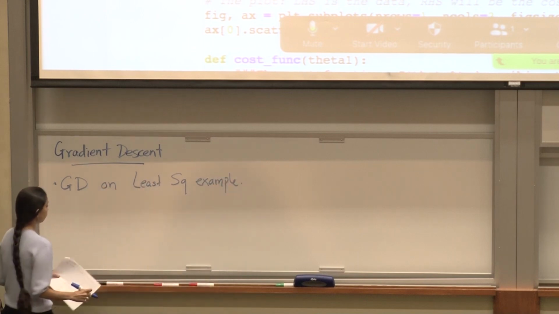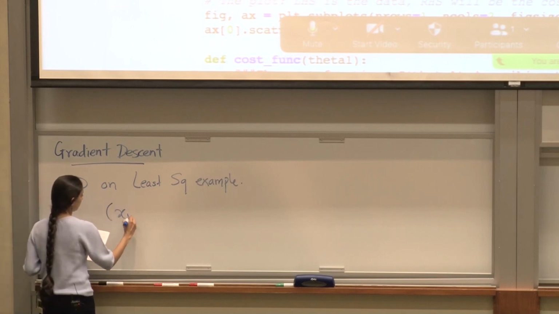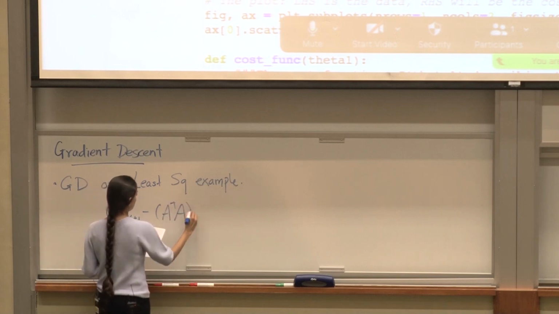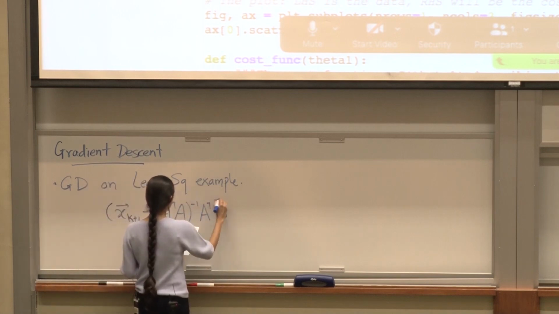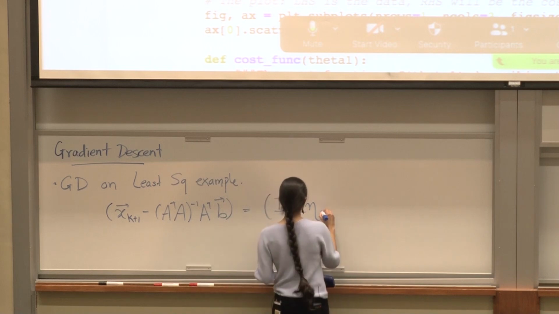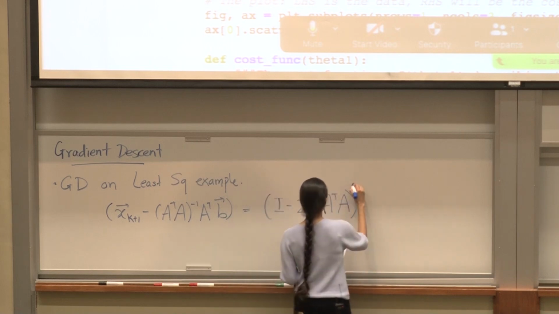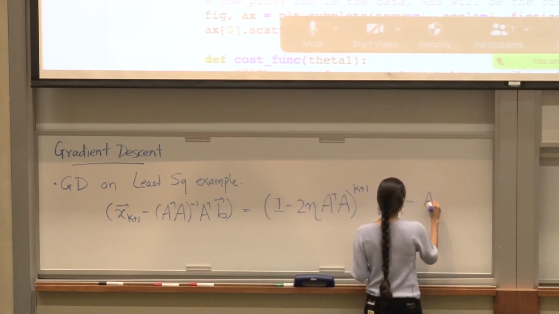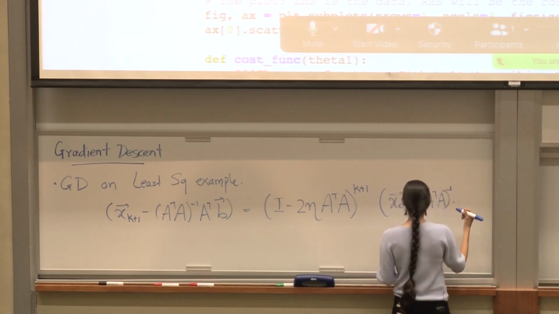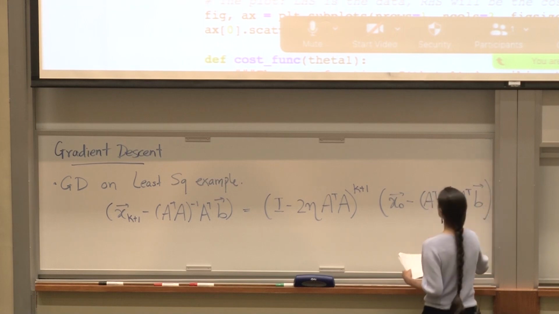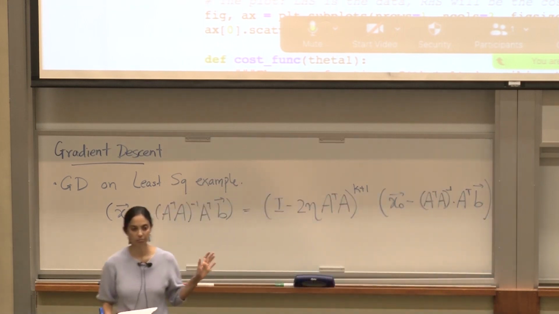And we basically showed the following: x_{k+1} minus (A transpose A) inverse A transpose b is equal to (I minus 2 eta A transpose A) to the k+1 times (x_0 minus (A transpose A) inverse A transpose b). Everyone remember that we did this calculation?